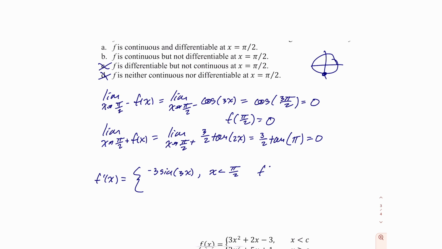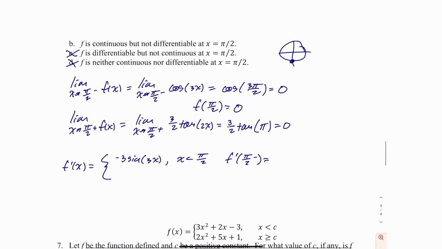So I'm going to say that f prime of pi over 2 from the left is negative 3 sine of 3 pi over 2. Sine of 3 pi over 2 is negative 1, so negative 3 times negative 1 is 3.